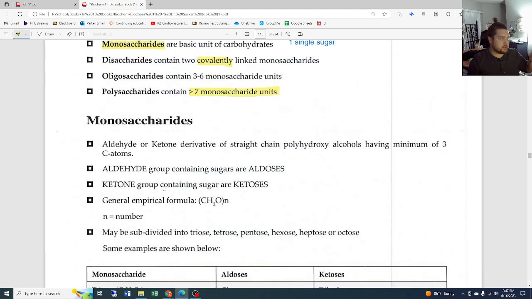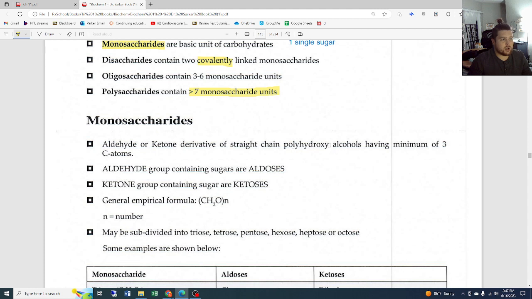Our monosaccharides: aldehyde or ketone derivatives of straight chain polyhydroxy alcohols having a minimum of 3 carbon atoms. This is a little bit confusing, so let's break this down. Aldehydes and ketones are kind of their own special thing that we'll talk about. It's a derivative of straight chain polyhydroxy alcohols.